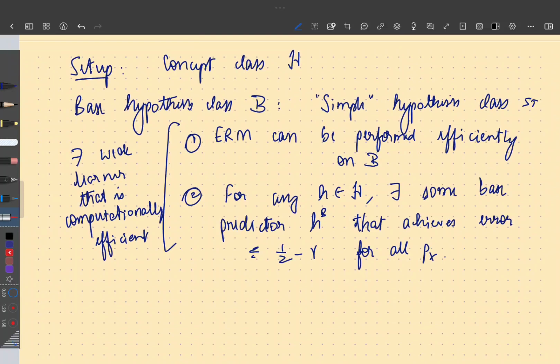Because in the end, the computational complexity of implementing the strong learner that you construct will depend on the computational complexity of learning the weak learner. If the weak learner takes exponential time, then you may as well just run ERM on H. There's nothing else to be done. So whatever your computational requirements are, this weak learner satisfies that.